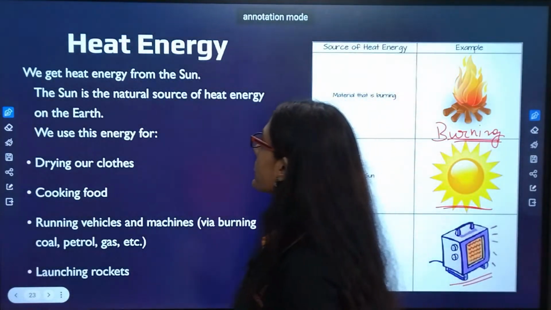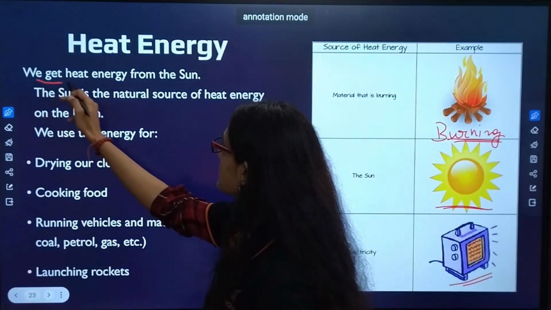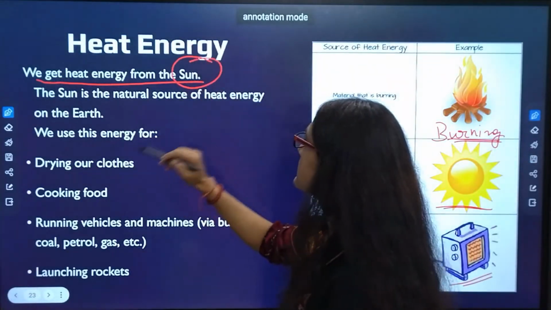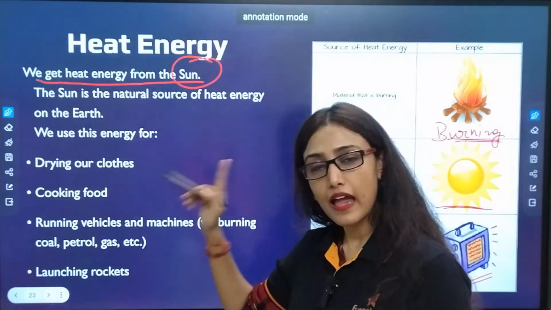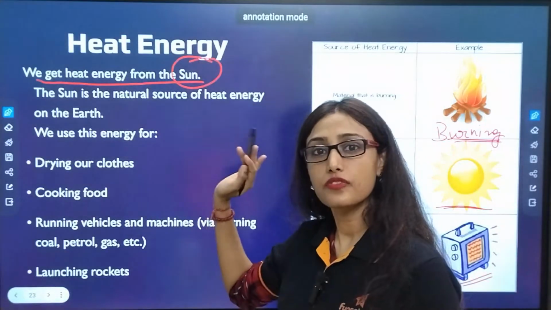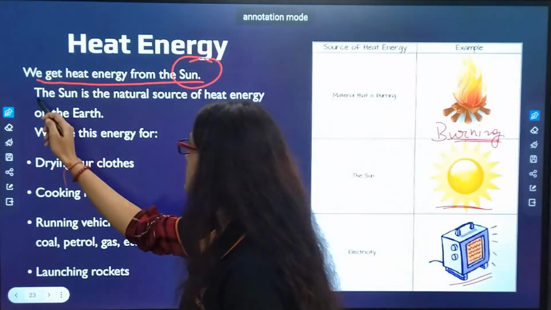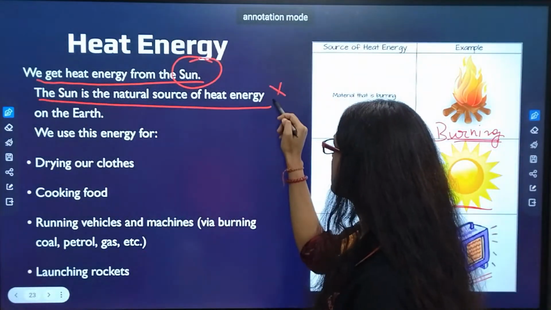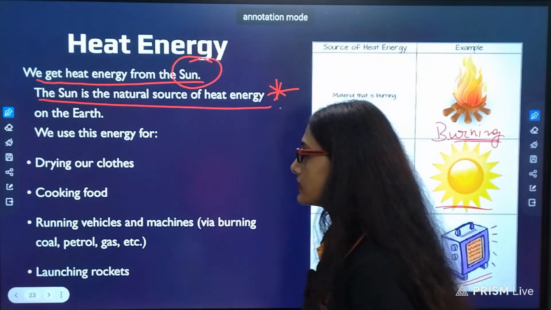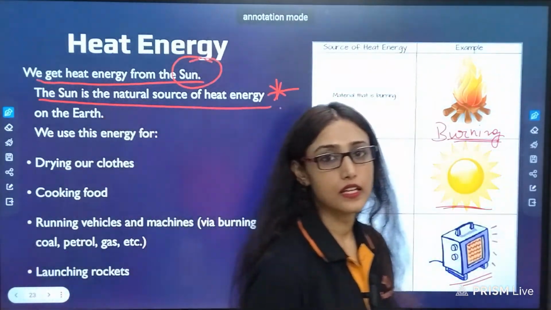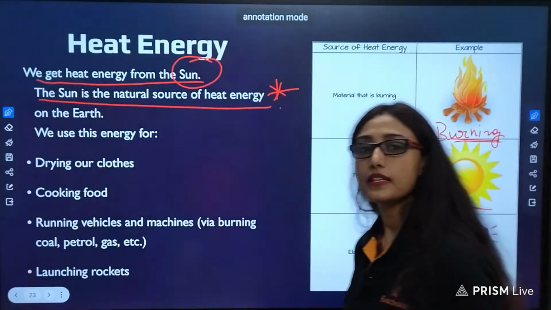Just read now. Heat energy. We get heat energy from the sun, obviously. We get solar energy from the sun, right? We get heat energy from the sun. Both are right. Okay. The sun is the natural source of heat energy. This is very important. If the question comes, name a natural source of heat energy, then the answer will be sun.